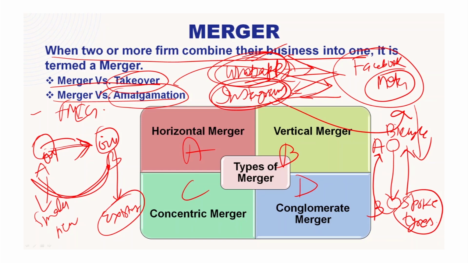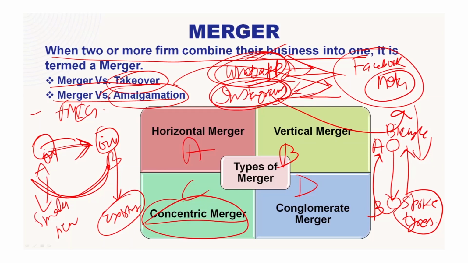That is termed as a vertical merger. Concentric merger: when the marketing strategy and the technology shared by two different companies are the same, then it will be termed as your concentric merger. Whereas the last one is the conglomerate: when there is no similarity in terms of the product, the market specification, or the technology, and both companies are selling two different types of product.